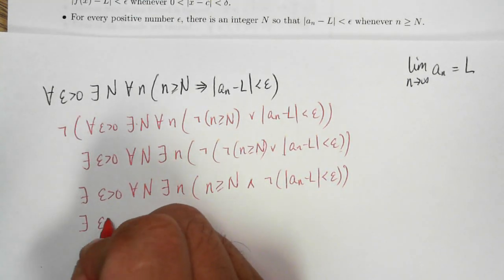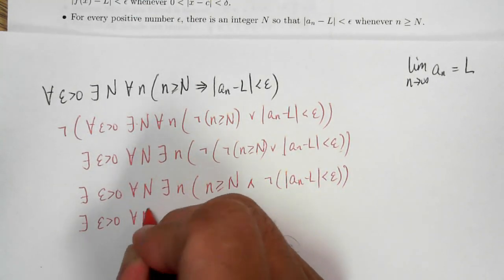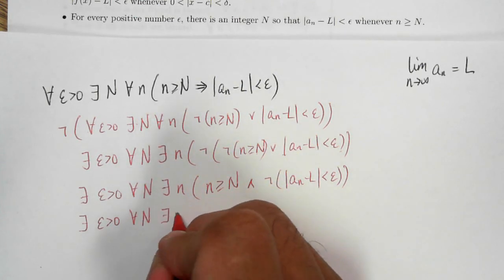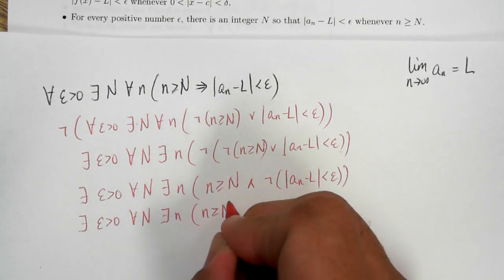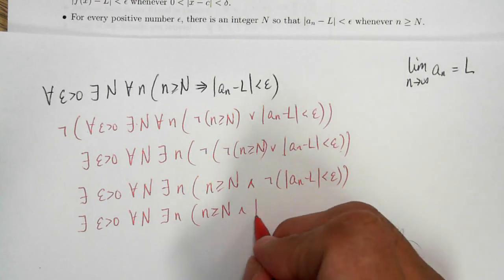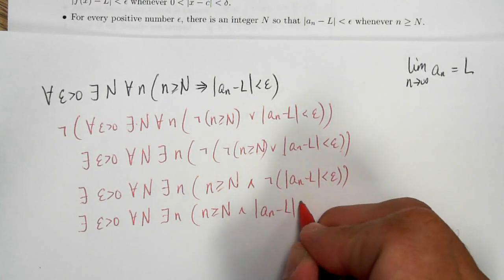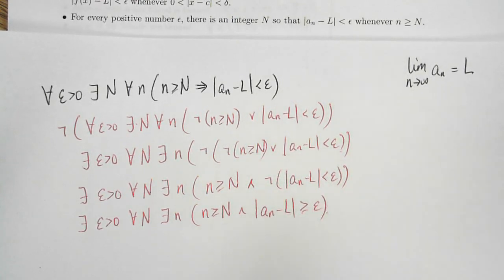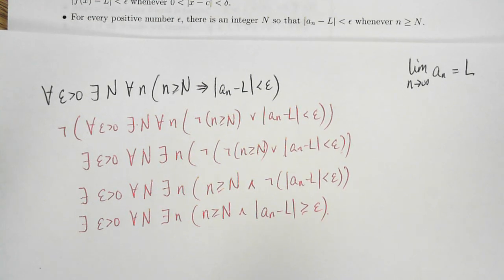And so finally, that's there exists an epsilon greater than 0, such that for every integer N, there exists an n which is bigger than capital N, and |a_n - L| is greater than or equal to epsilon. So that would be the negation of this last statement.